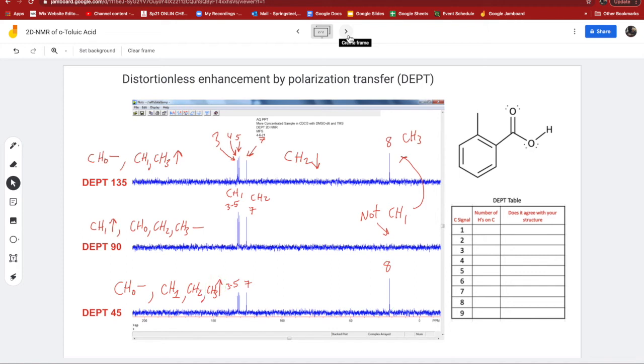So let's go ahead and now try to label this again. I have a set of rules on how I like you to label depth spectra, but this is our first time looking at them, so I'm just going to do it for you. We already know this one here, the carbonyl, is signal 1 because it's the most downfield. It's not showing up on this spectra because it has no hydrogens. And this is signal 8. It makes sense because it's a CH3. It's the only alkyl signal, and it has 3 hydrogens, looking good. And then these 2 have no hydrogens on them.